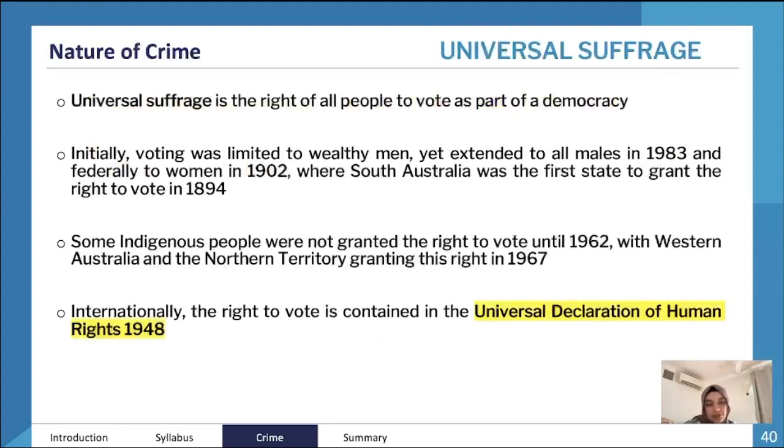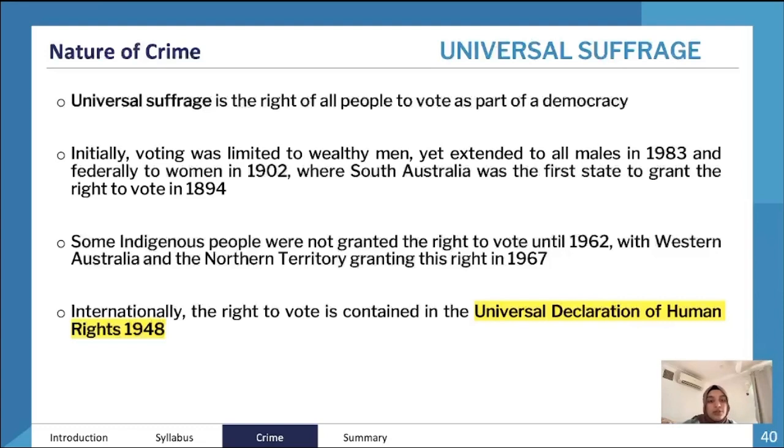Universal suffrage. So this is basically the right of all people to vote as a part of democracy. You may think, okay, when was this not the case? Well, obviously we know women were not allowed to vote. We also know Aboriginal people and Indigenous people were not allowed to vote until quite recently as well.